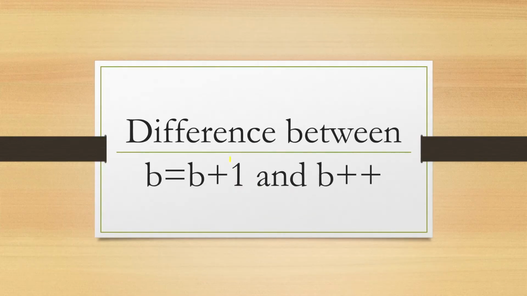And now we will see the difference between b equal to b plus 1 and b plus plus. That is, this simple arithmetic operation of addition and this post increment. We have seen this in the operators part.